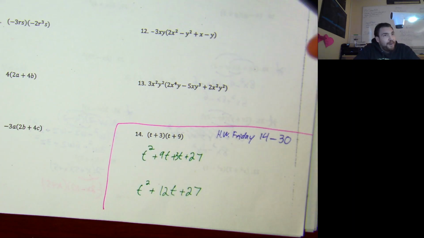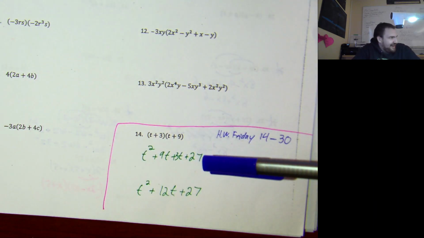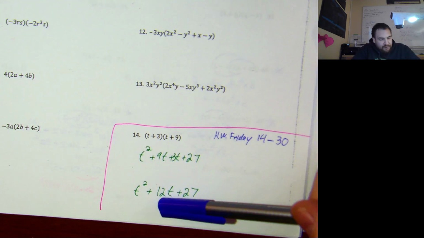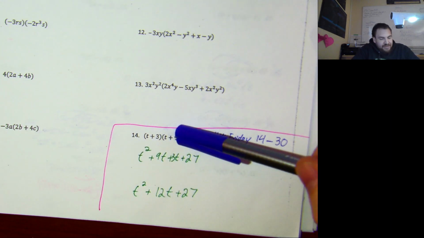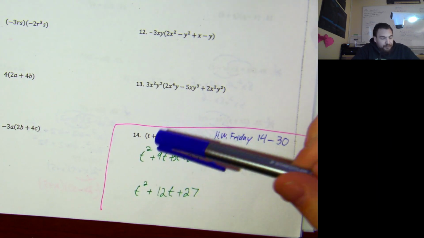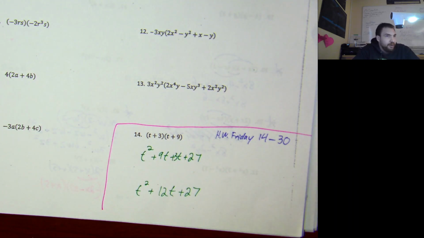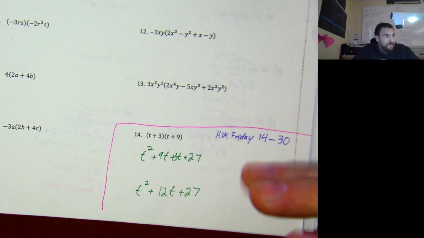So if I want to go backwards now, don't think about it like that, but you've got the right idea. To get the middle coefficient, we added these two. And to get the constant term, we multiplied these two. So we have to find two numbers that fulfill that role.